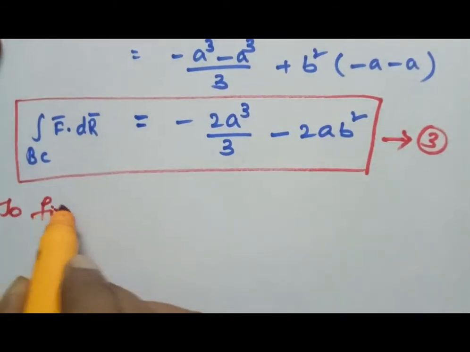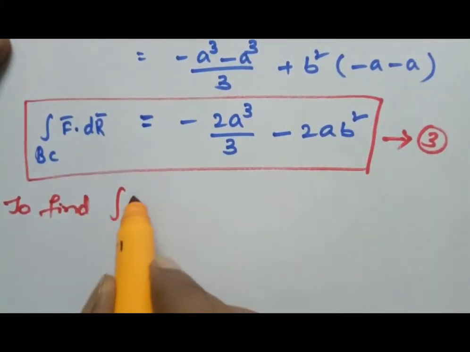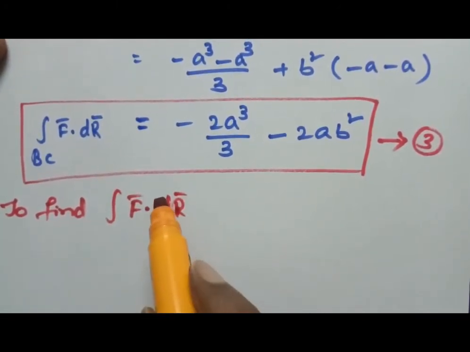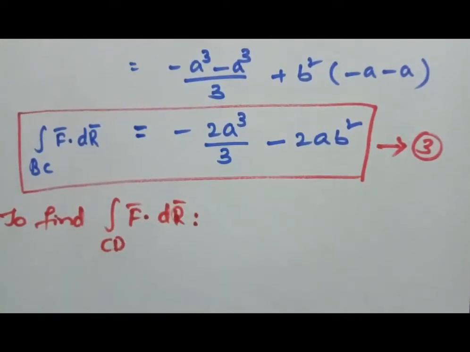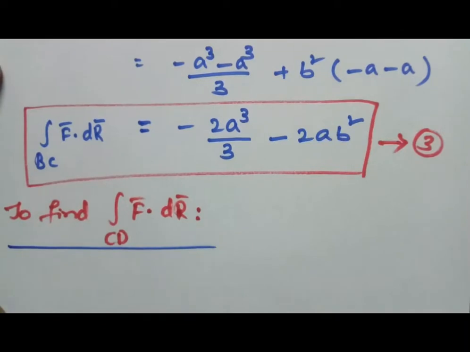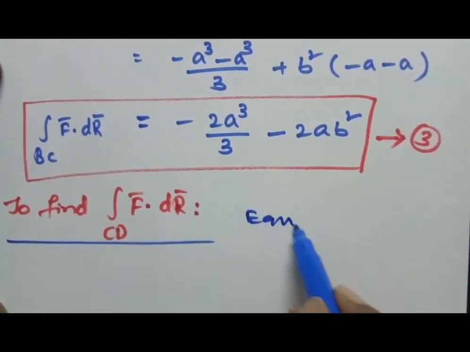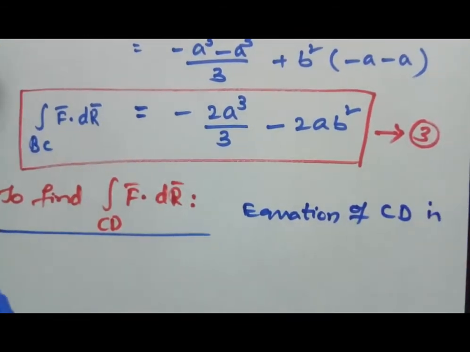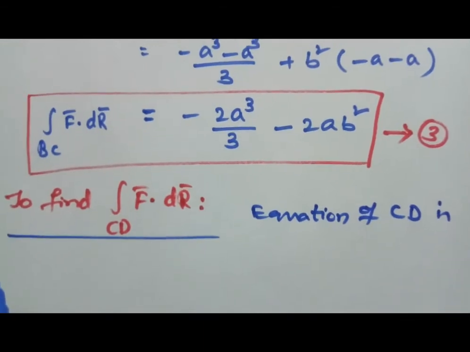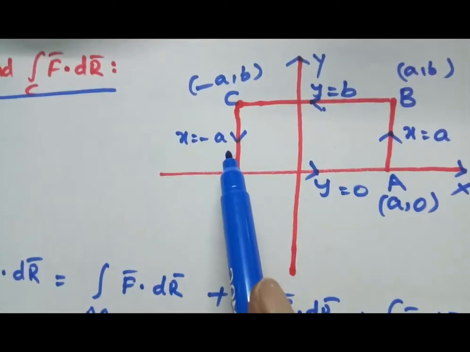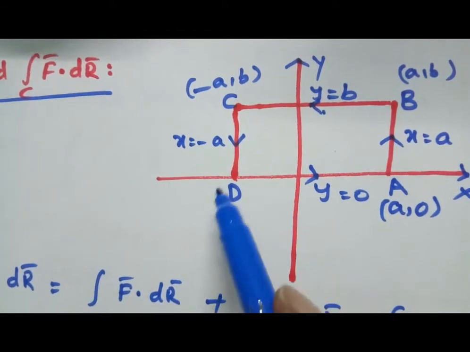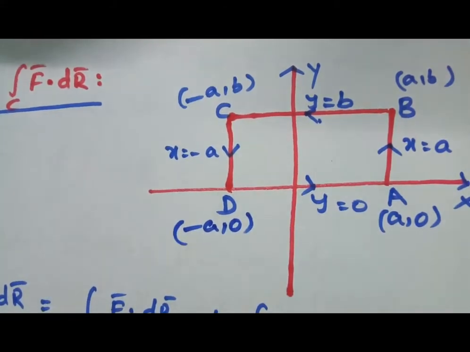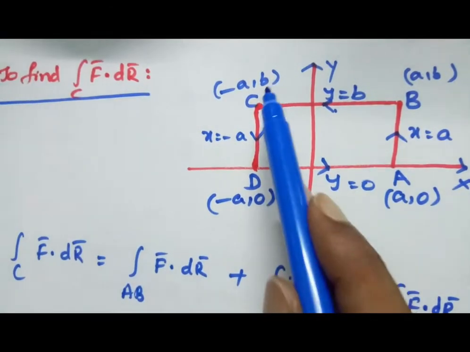To find integration of f bar dot dr bar along CD. Now, the equation of CD is x is equal to minus a, and this point is minus a comma y value 0, and y varies from b to 0.